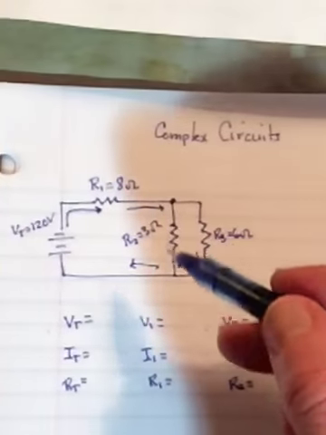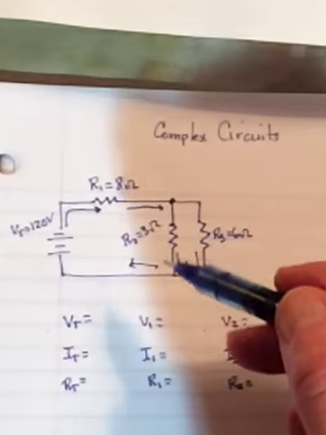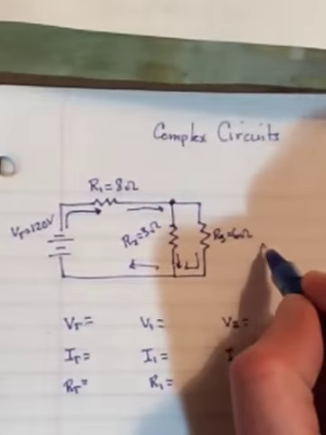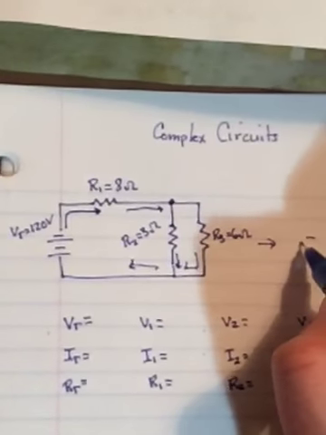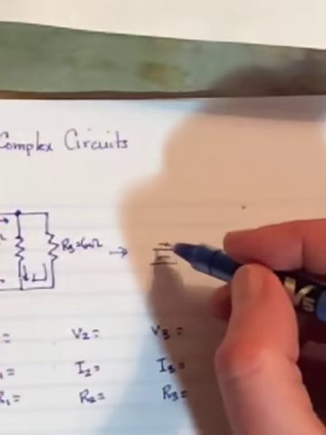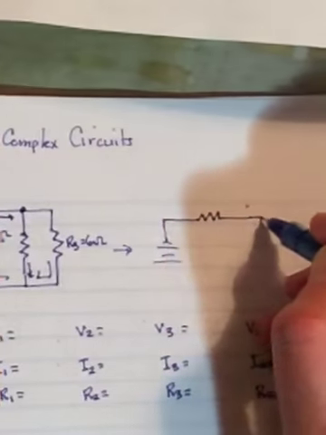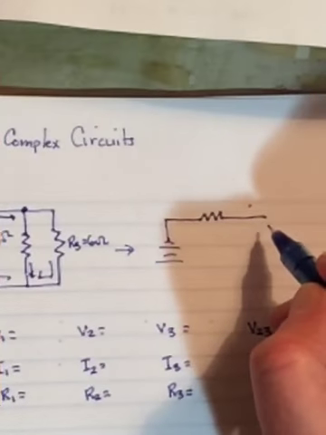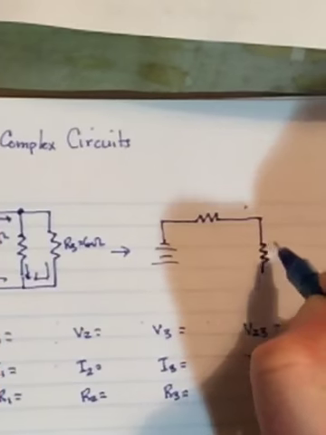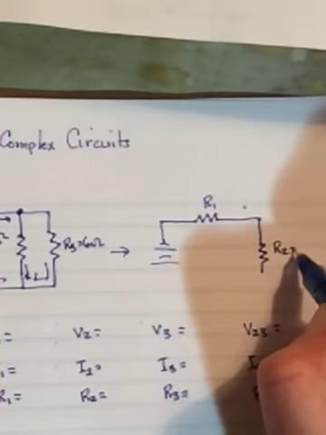If you take a look, I'm hoping you will be able to see that if we removed R2 and R3 and replaced them with a single resistor, then we would have a circuit that would still have R1 up here, but now instead of a branch for R2 and R3, we would have a resistor that we would call R23.